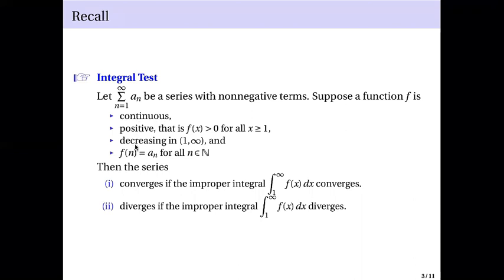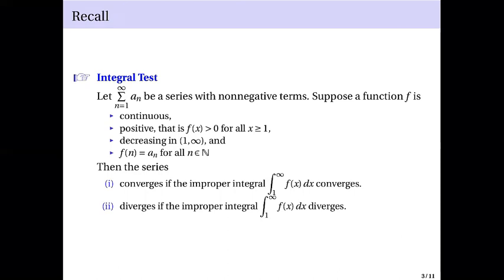Furthermore, the function is decreasing in the interval 1 to plus infinity. And finally, the value of the function at every integer equals a_n. Okay? So f of n equals a_n for all n in the set of positive integers.